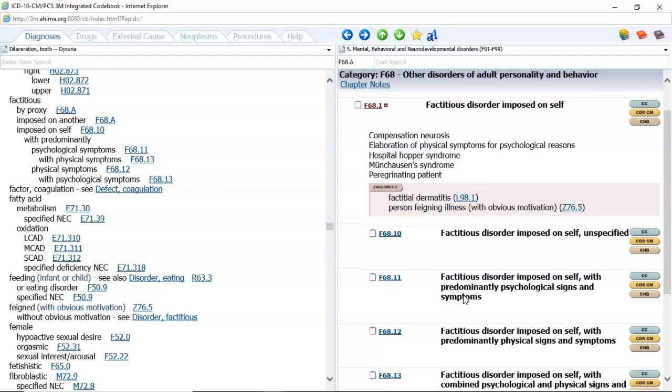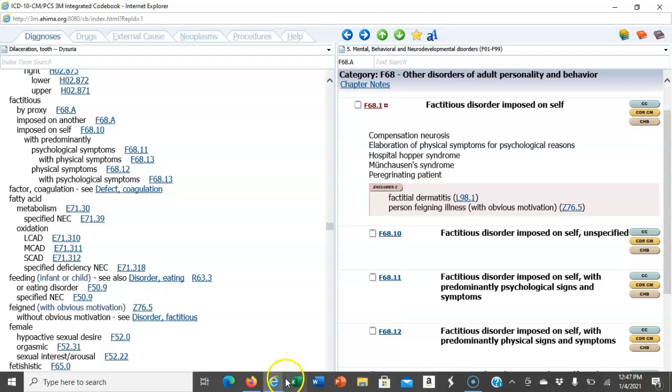And when we look at this guideline, this Munchausen's syndrome code is assigned to the perpetrator and not to the victim. And that's actually in the guideline.